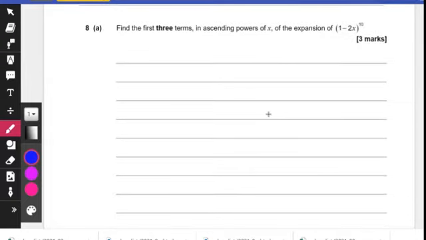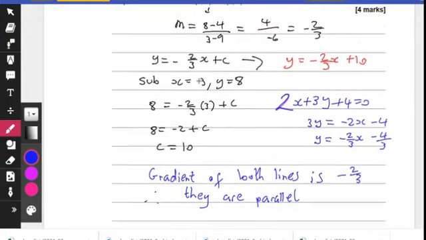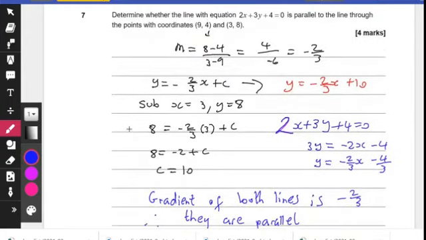Ooh, binomial expansion. Okay. So we've got 1 minus 2x, which I'm going to rewrite as 1 plus minus 2x to the power of 10. Sorry, can we just go back to the other one? Because I got one gradient is minus 2/3, and the other one is just 2/3.